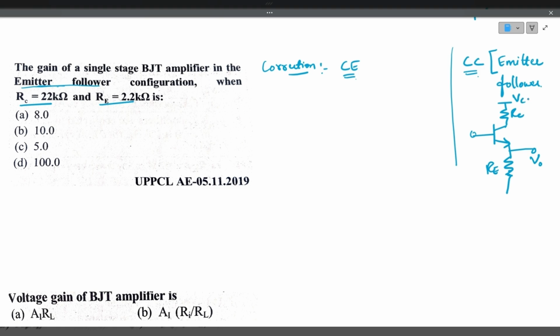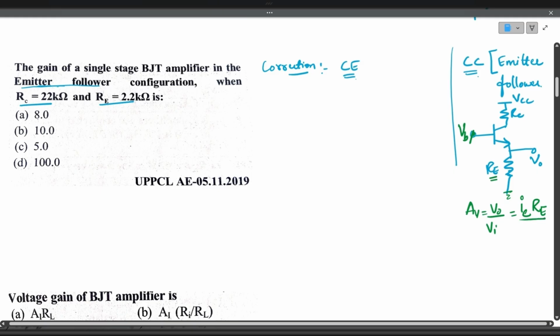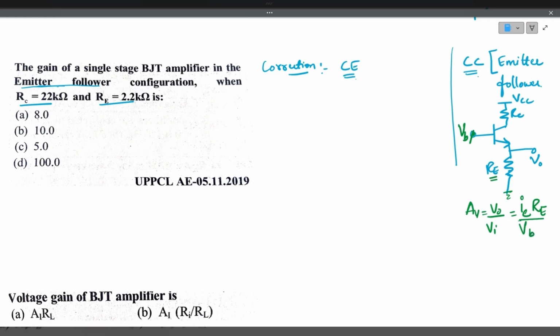This is VCC. Okay, so if you see the voltage gain here, the voltage gain is nothing but output voltage by input voltage. Input voltage is given at the base, so output voltage is taken across the emitter resistor. So output voltage is nothing but IE, emitter current, multiplied by RE, emitter resistance, divided by input voltage, that is VB.